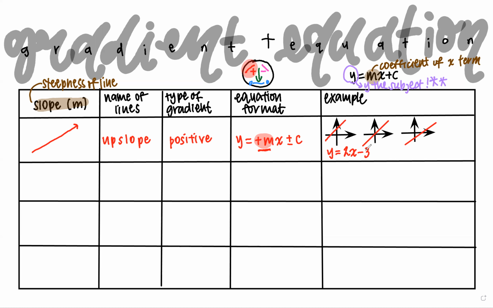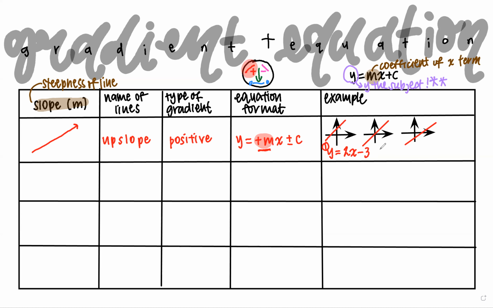Yes, it's possible, because here is positive. But I thought you still need to add a positive in front. No, in math, when we don't write a positive, is it positive? If I write 2x, is it positive 2x? Yes. So is this acceptable? Is this an upslope? Yes. So this is one example.